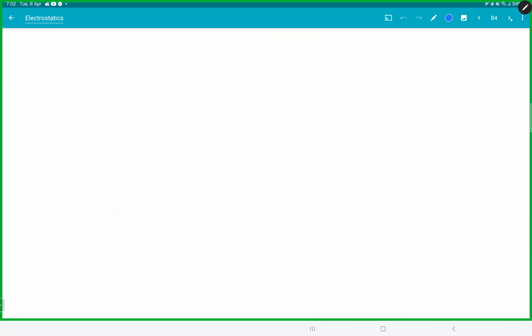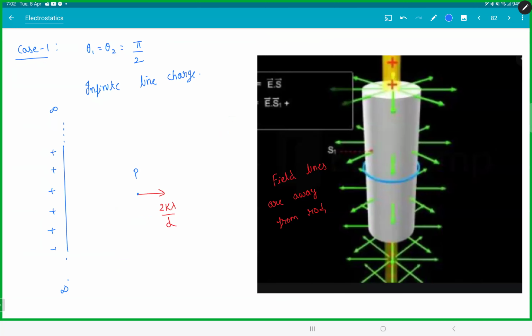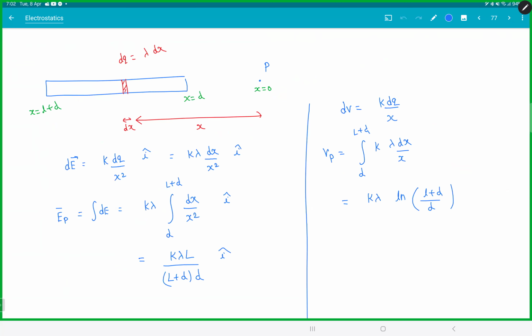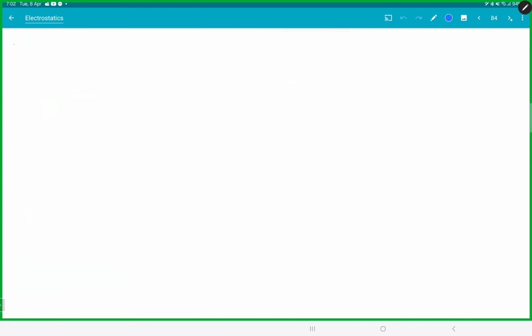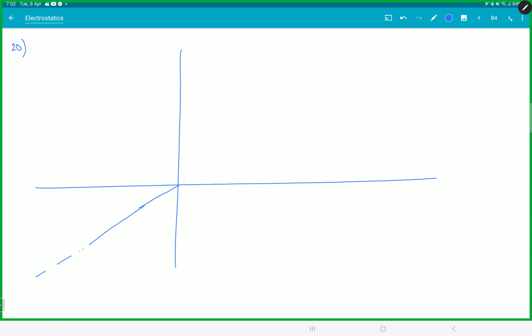So let's start off with a question. So let's say we have x, y, z axis.